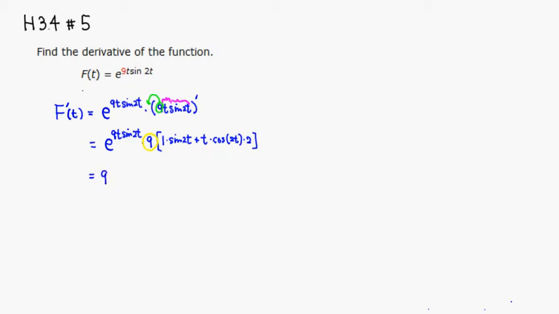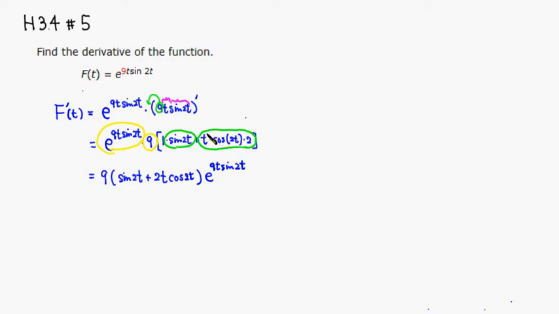Then I'm going to take care of sine of 2t, so we have sine of 2t, plus 2t cosine of 2t. Then we have e to the 9t sine of 2t.